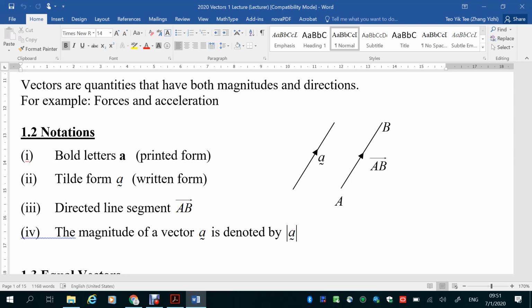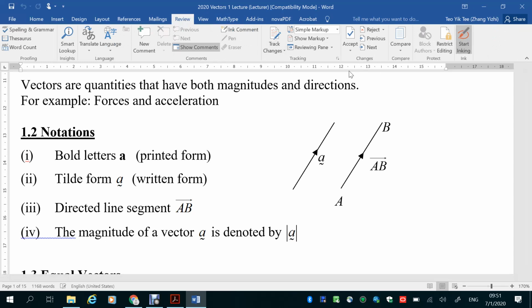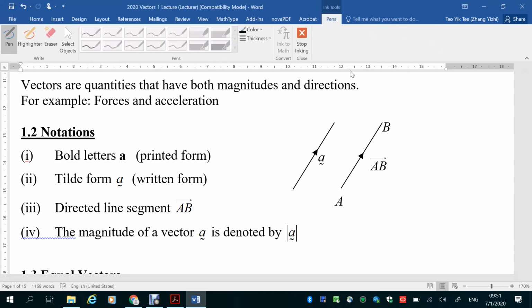If nothing is mentioned, and I just write a small letter with a little worm followed by two strokes, it will usually mean the magnitude of a vector. What's magnitude? In simple English, length. The length of your vector.